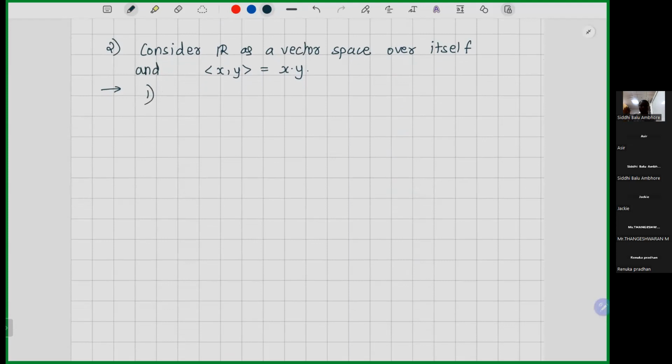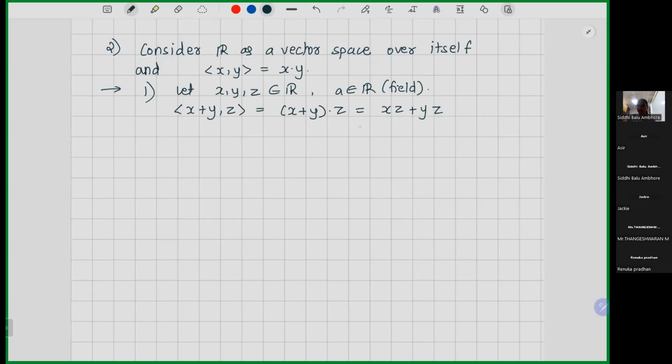So let us try to prove all the conditions of inner product space. First let x, y, z in R, and a in R, where I am considering it as the base field. Then (x plus y, z) is what? (x plus y) into z, which is xz plus yz, because multiplication distributes over addition in real numbers. So it becomes (x, z) plus (y, z) by the definition of the given map.